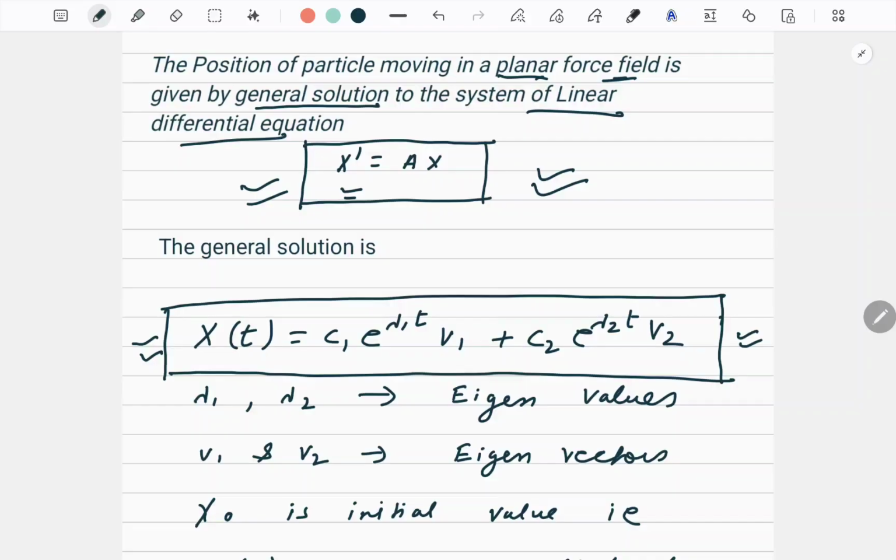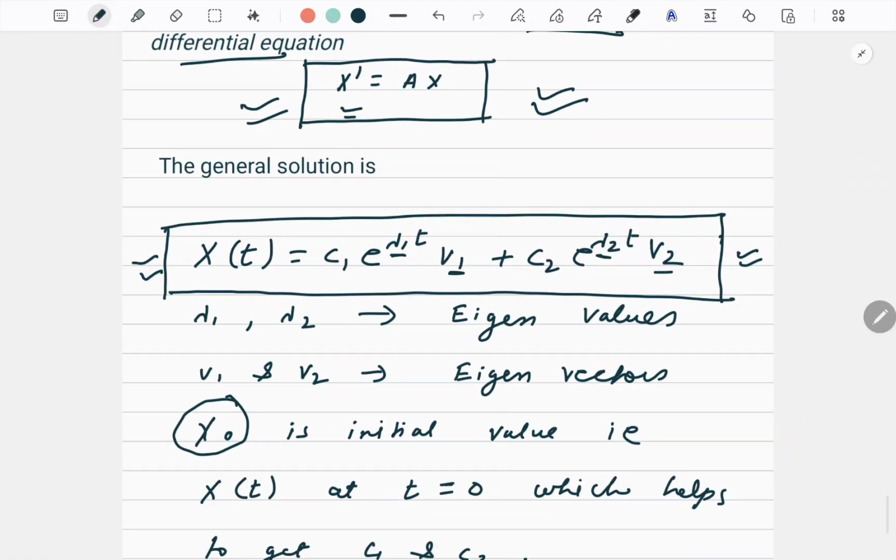C1 and C2 are constants, lambda 1 and lambda 2 are the eigenvalues, and V1 and V2 are the eigenvectors. And t is equal to 0 is considered as the initial situation. So they will give me x0, that is the initial value of x(t) at t is equal to 0. This will help me to find out the values of C1 and C2.